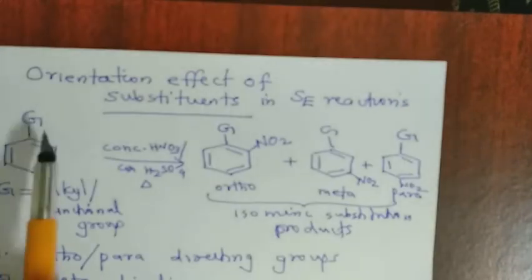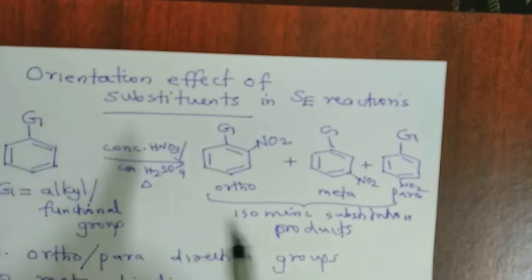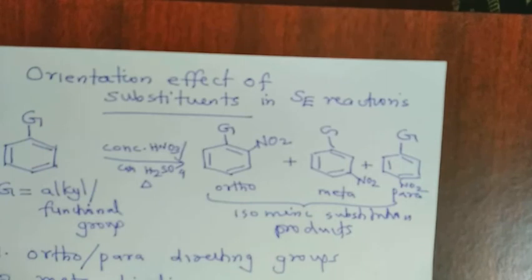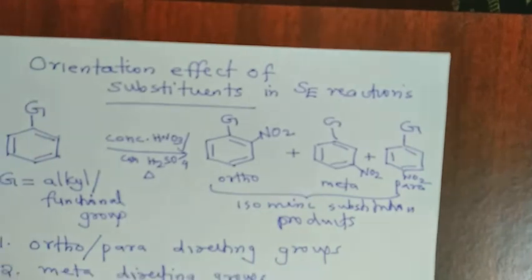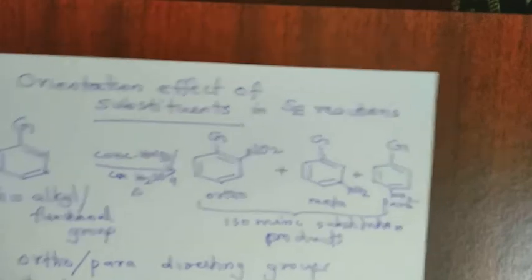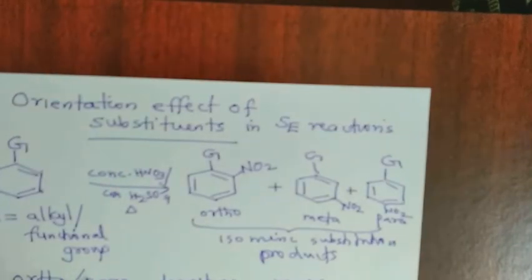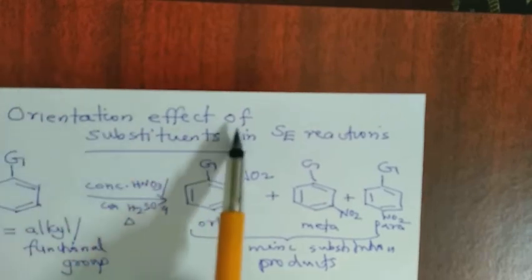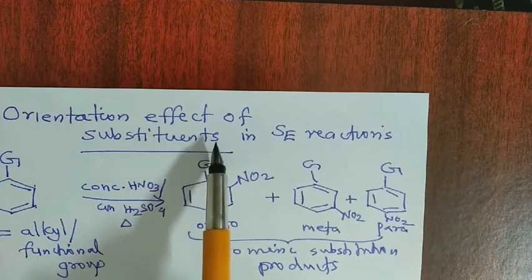These groups, when bonded to the benzene ring, only the meta substitution product is obtained during all electrophilic substitution reactions. This directive influence of groups is called the orientation effect of substituents.